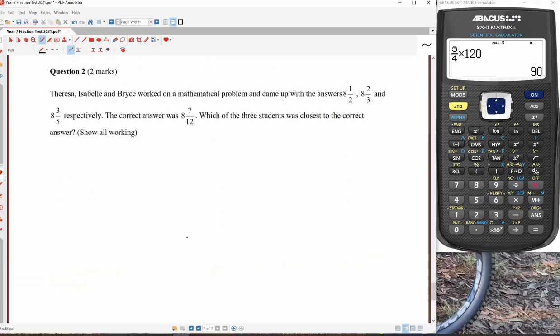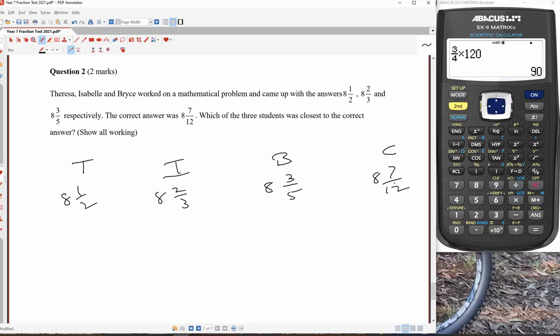Teresa, Isabel and Bryce worked on a mathematical problem and came up with answers. So Teresa is 8.5, Isabel is 8 2/3, and Bryce is 8 3/5, and correct was 8 7/12.